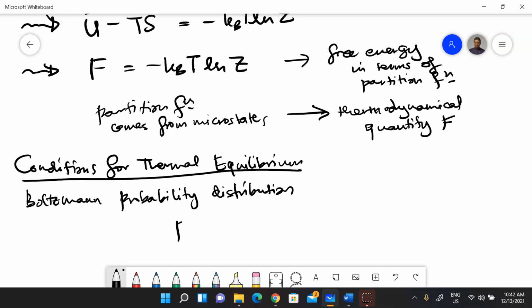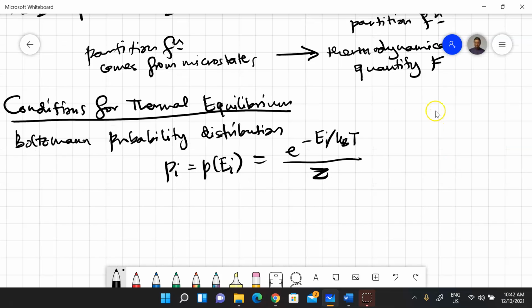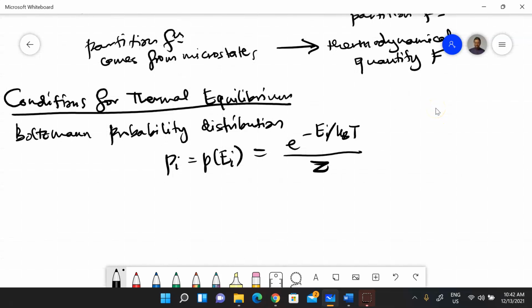This is given by p(E_i) equals e to the minus E_i over k_B T divided by Z. One can think of this as a constraint.